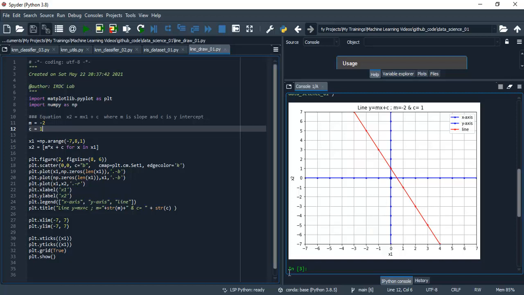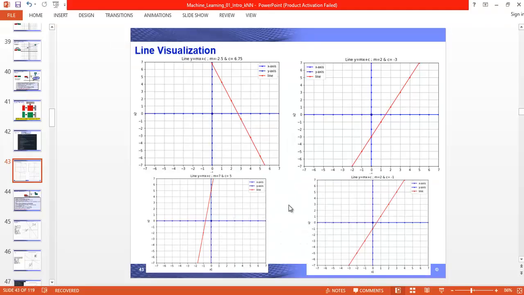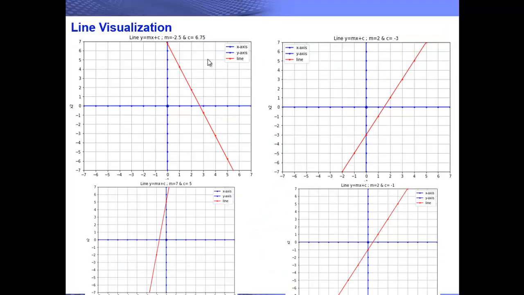Yeah, so we have got so many lines here. So we got m as -2.5 and c as 6.75. I think this is the line which was derived by our algorithm, and that we tried to plot here. And we know that we have one type of class data at this position, and another class of data was here.